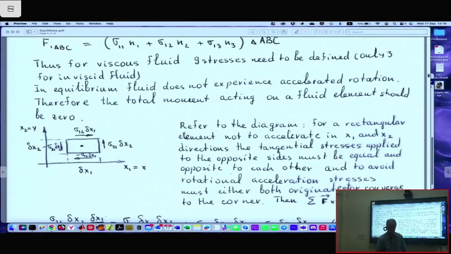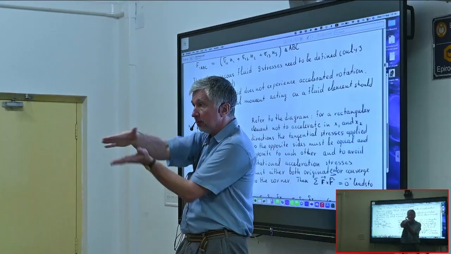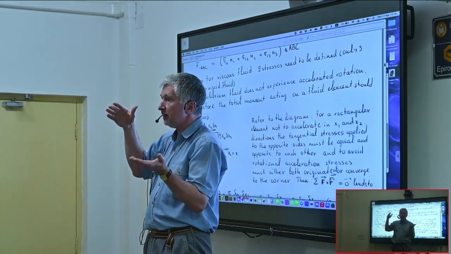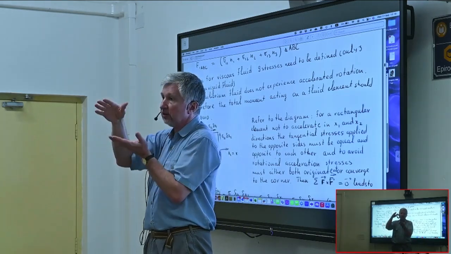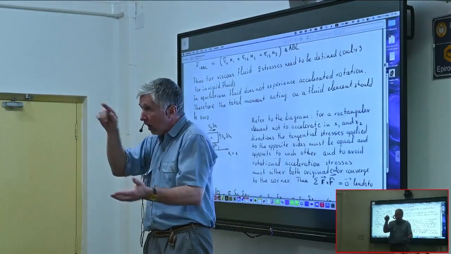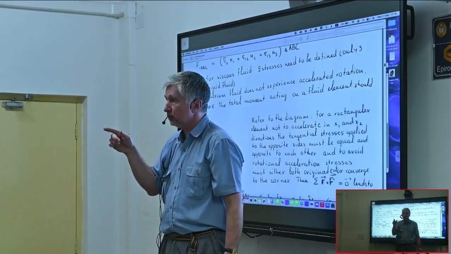The next thing is consider another fluid element and just consider the shear. So if there is a shear of some sort, it will start rotating. We saw those vortices, right? That's what will happen when we have shear. But if we do not have any sort of shearing forces, so if viscous fluid is just left alone, obviously there will be no rotation.